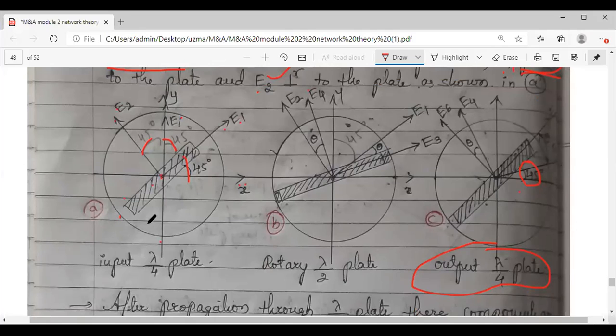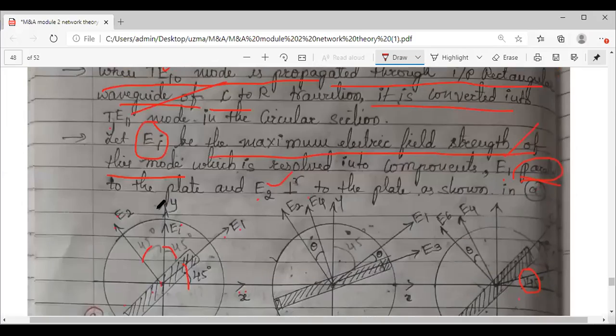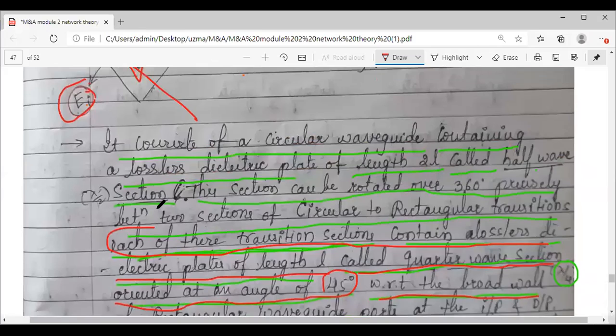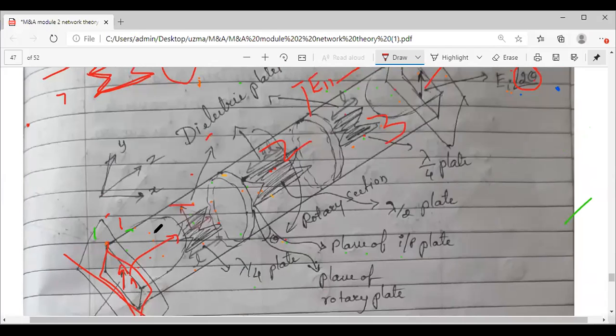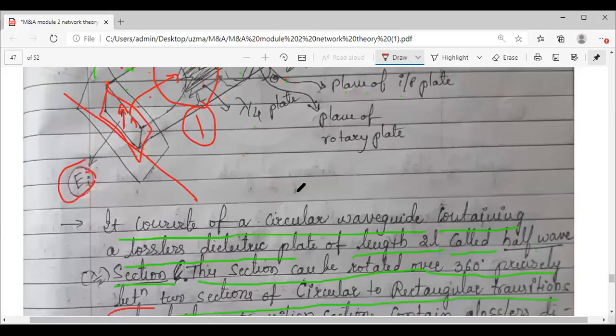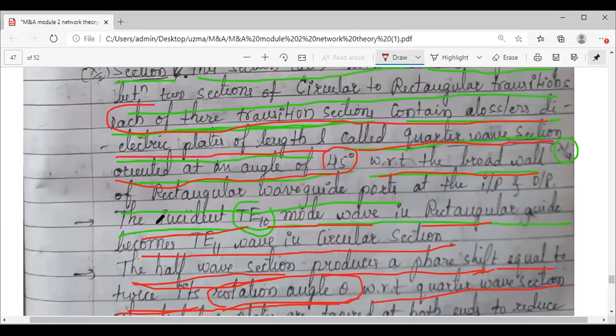About that I have drawn. Now what will happen after this? After the first plate, it will enter the circular section. Now in the circular section, we will see what the field components will be. Hope you understood the first figure.